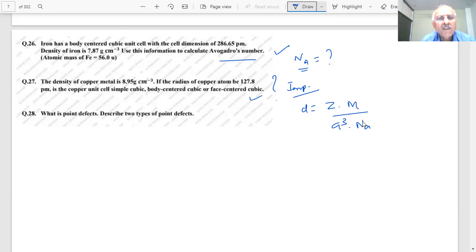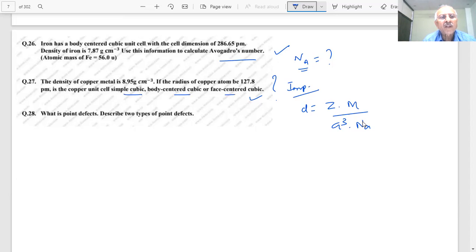What is the value of a we are using? a is equal to 2 root 2 r. We'll take out a from here. Where did he say whether the copper unit cell is simple cubic, BCC or FCC?